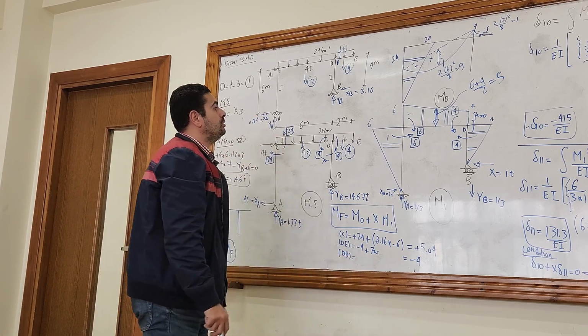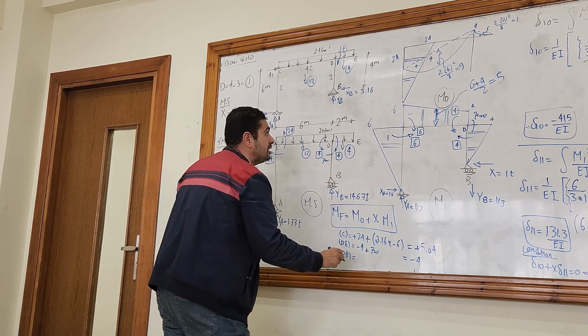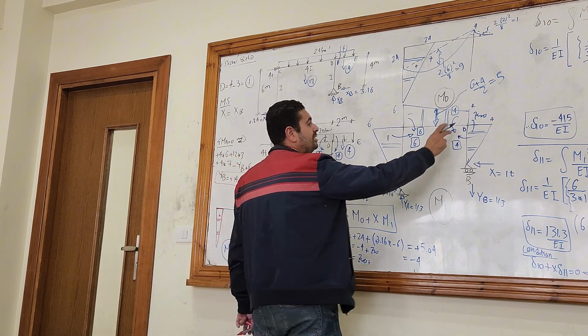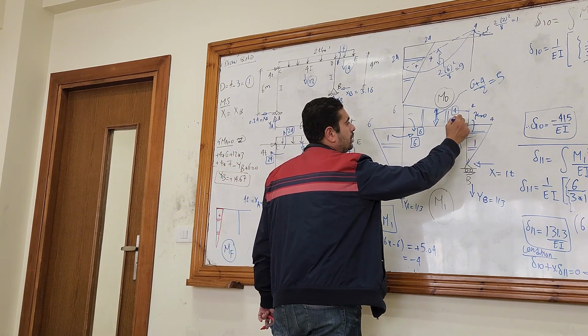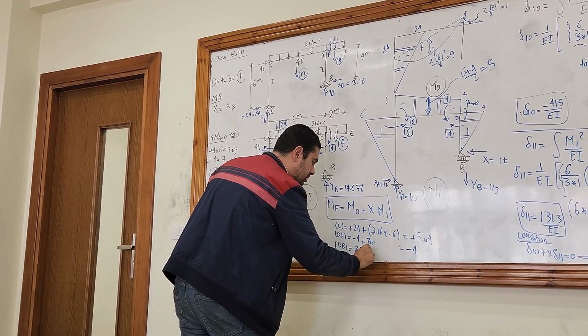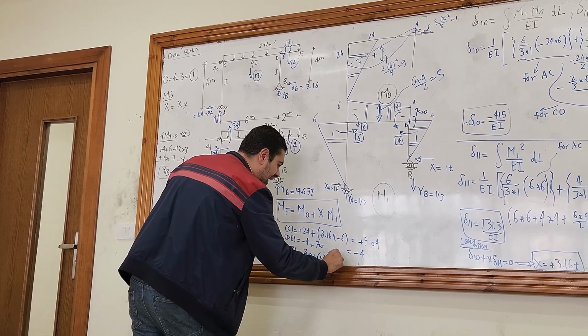What about DB? M node at DB was 0. What about M1 at DB? It was negative 4, so plus x, which is positive 3.16 multiplied by negative 4.